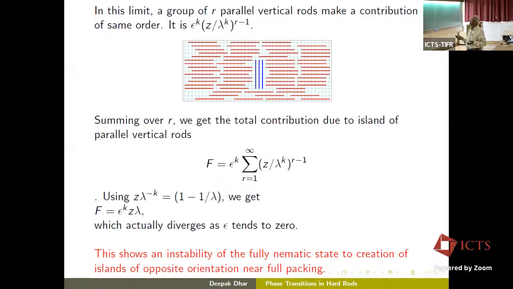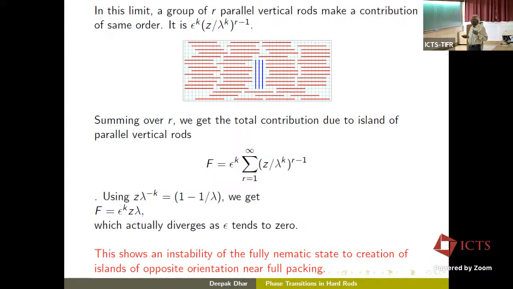So it's becoming a problem because I could put 2 or 3 or 4, or I could put R of them, and the total answer will be the sum of all these terms. And then you sum up all the terms, the answer is 1 minus 1 by lambda, and it actually diverges as epsilon tends to 0 because lambda will tend to 1. So the perturbation theory is not working in the opposite limit where I let epsilon go to 0 first.